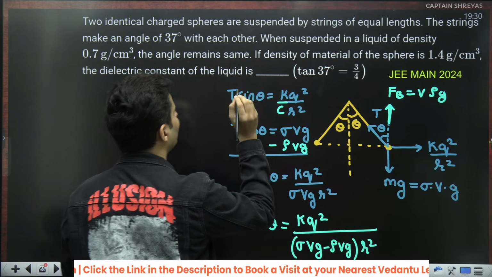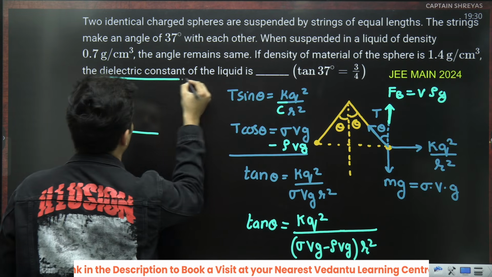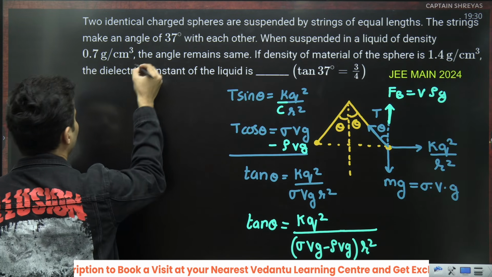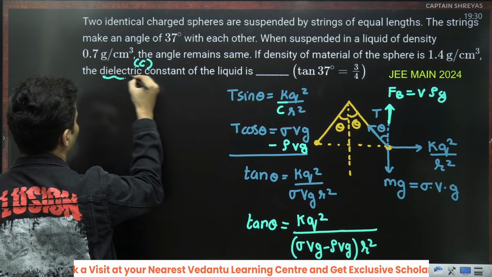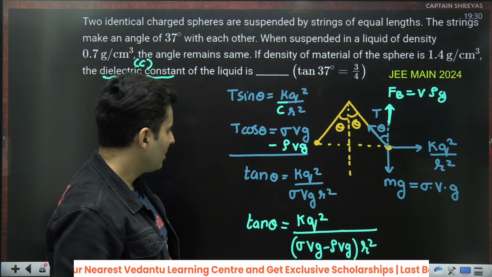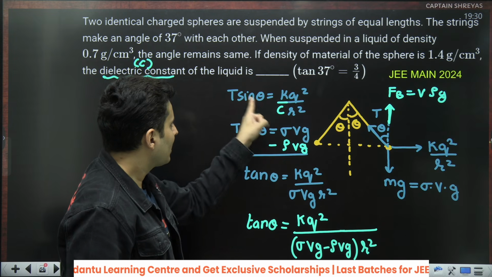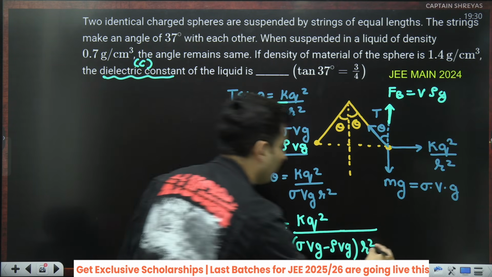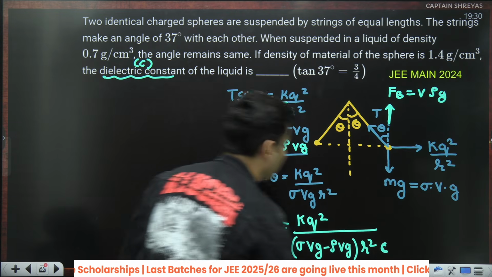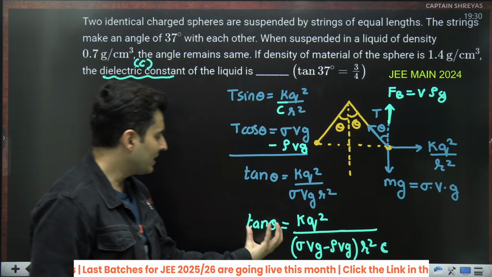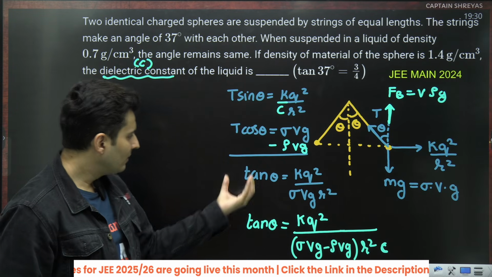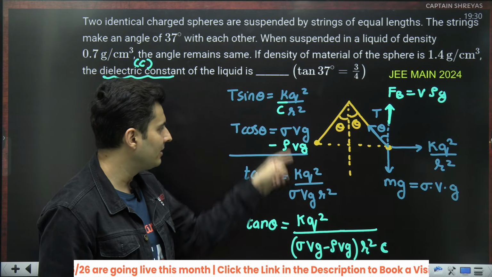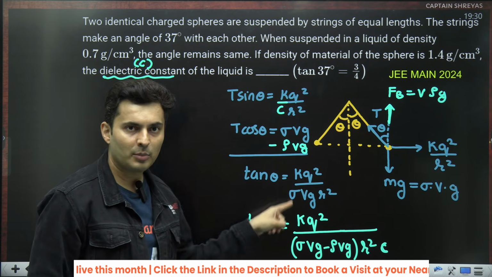This C happens to be the dielectric constant. Okay. So don't get confused. So what will happen when I divide these two expressions? I will get C in the denominator. So I get, for the second case, tan theta is this. For the first case, without this and this, I will get this as the expression.